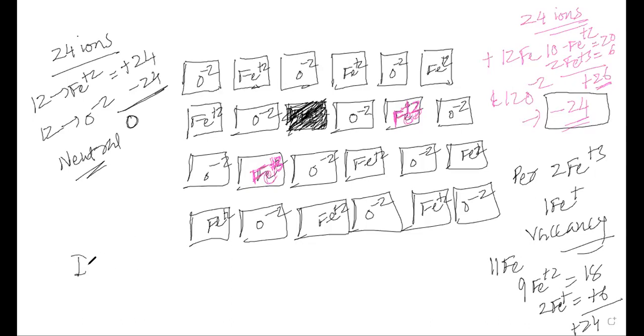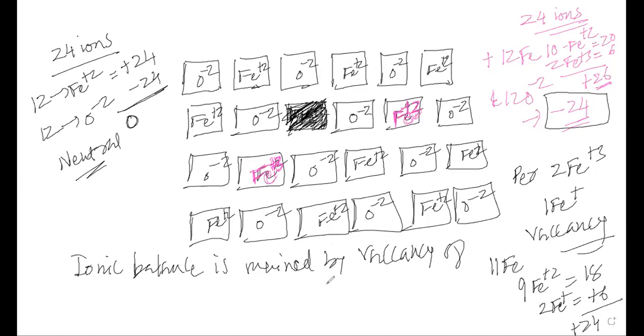So my dear students, ionic balance is maintained by vacancy of one Fe+2 ion per 2 Fe+3 ions.